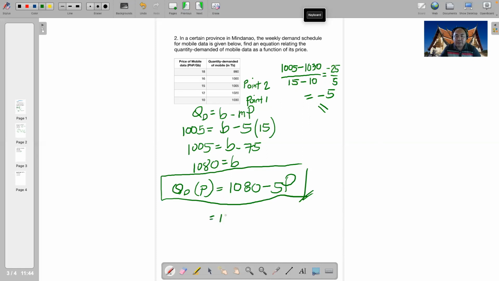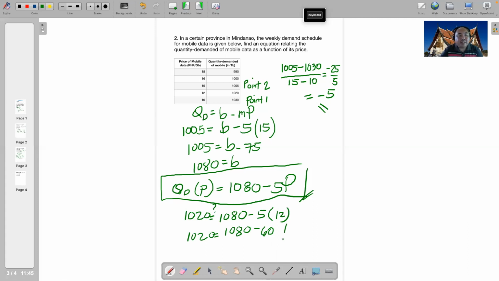So is 1080 minus 5 times 12 equal to 1020? Okay, let's see. Well, sir, that's 1080 minus 60. 5 times 12 is 60. So, which is 1020? Yay. So, our demand model is correct.